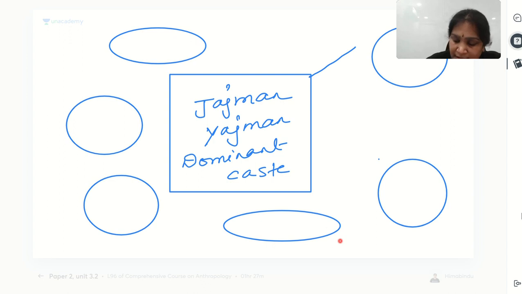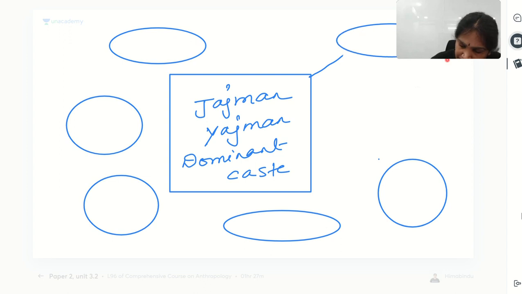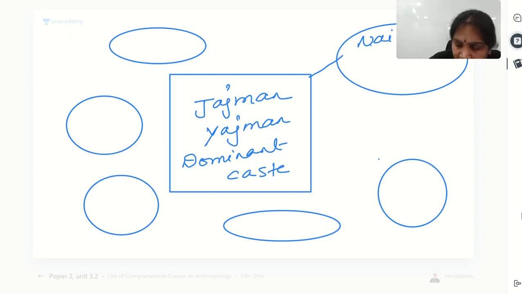For example, Nai, which means barber. The opposite word of Jajman, that is Yajman, is Kameen.